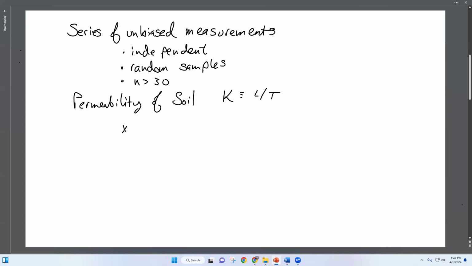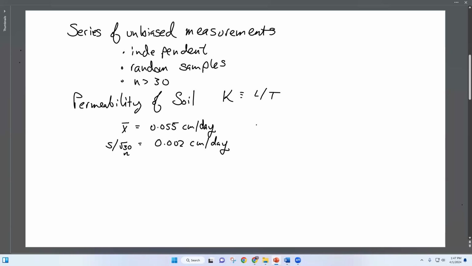And we found the mean of that sample. And let's just say that that mean was 0.055 centimeters per day. And then you went and calculated the standard error, so S over square root of N, which is 30, and that was 0.002 centimeters per day.